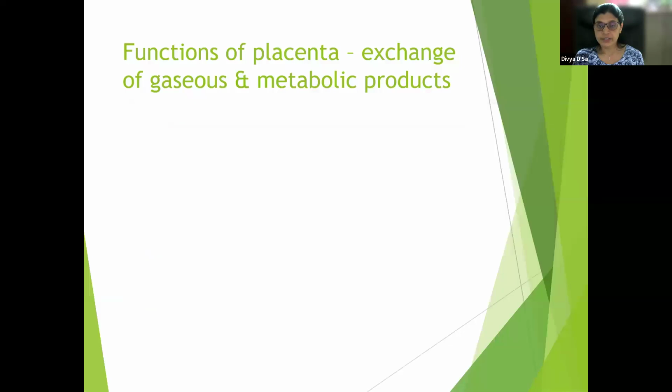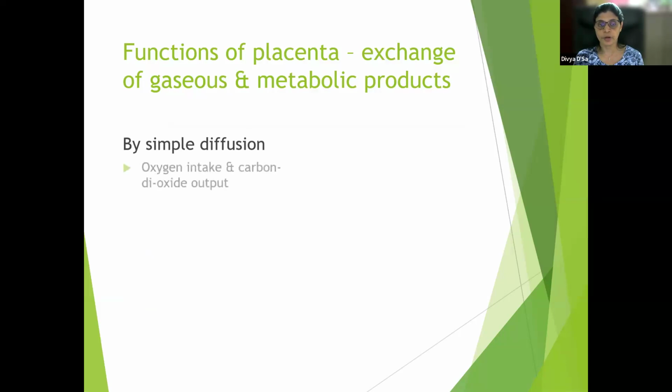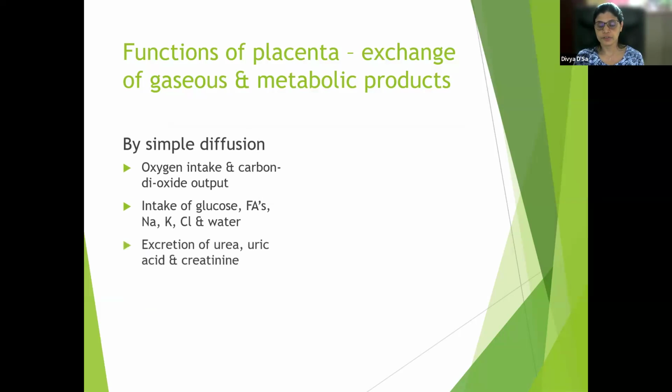Then it helps in the transport of nutrition, the exchange of gaseous and metabolic products. Oxygen is by simple diffusion. Glucose, sodium chloride, all the electrolytes, water, and amino acids take place by simple diffusion.